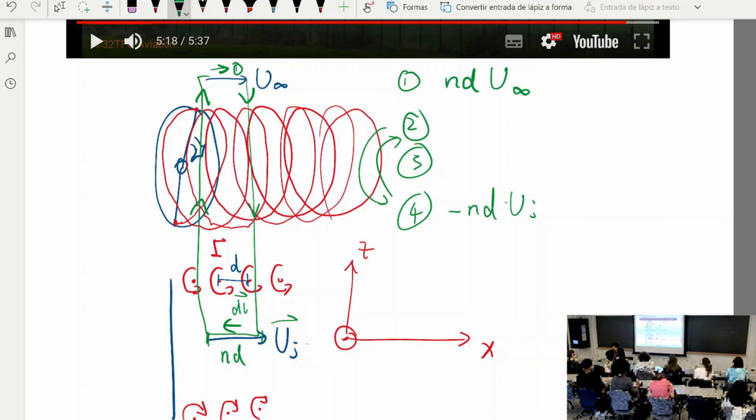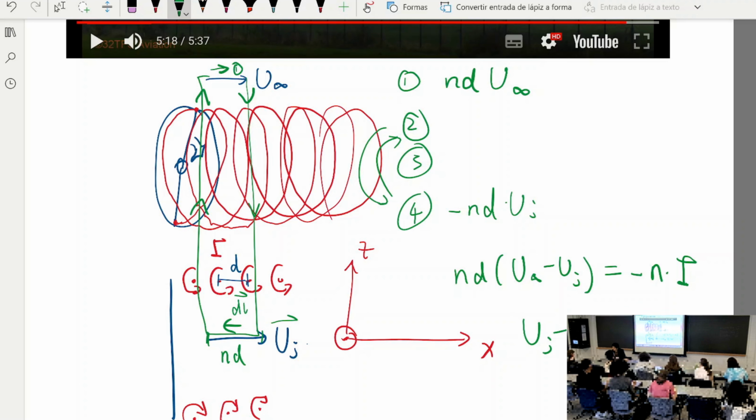So what I get is nd times (u infinity minus uj) has to equal, well, I'm integrating this contour in the opposite direction of these vortices. So that has to be equal to minus n times gamma, right? So there I can compute that uj minus u infinity is actually equal to, well, gamma over d.